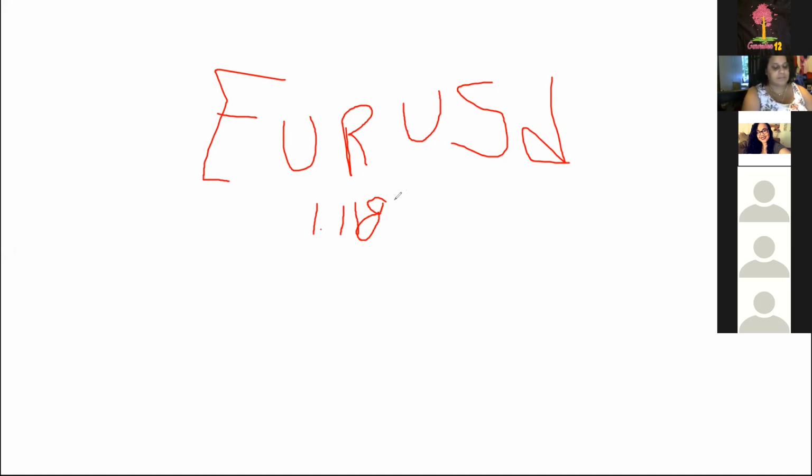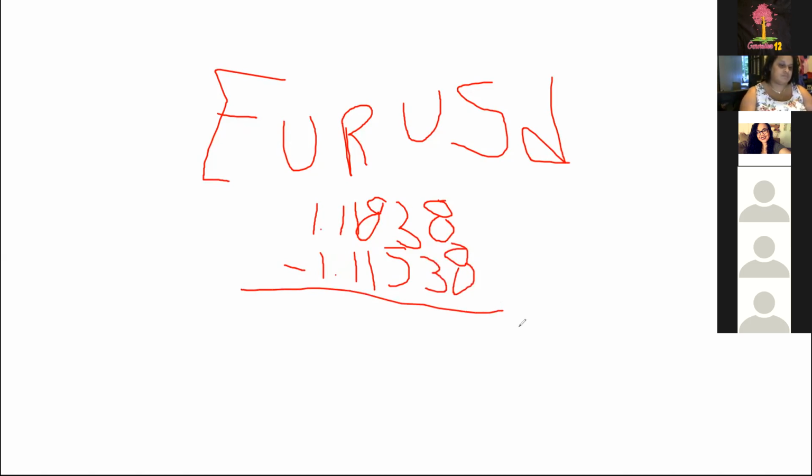So it's 1.11838 minus, because we want to know how many pips are coming from that, 1.11538. Now I hope that makes sense. Can somebody tell me what would be the pip difference in this?